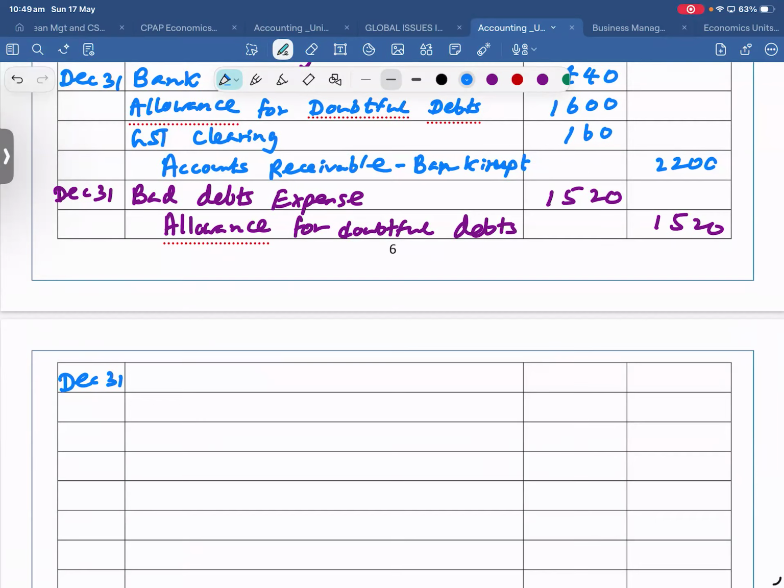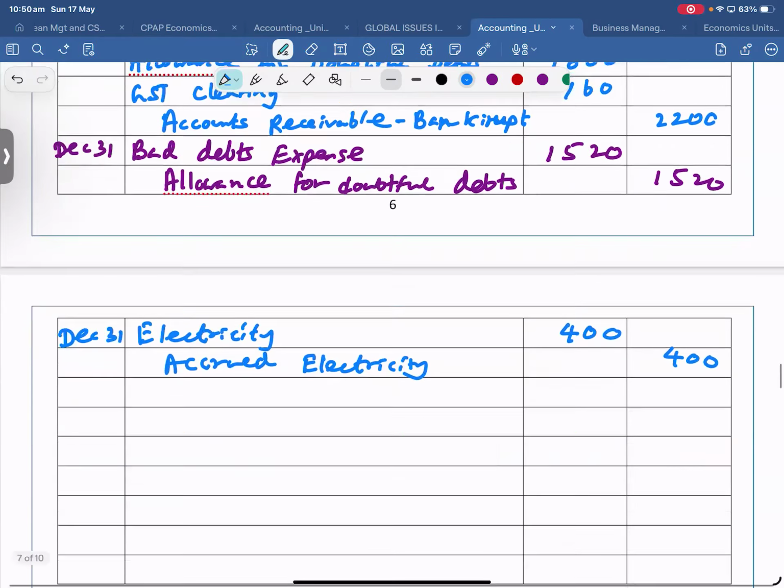Accrued electricity? Yeah, it's a liability. So liability is increasing. In a way, electricity expense increases 400, and on the other hand, accrued electricity increases. Liability increases, credit.